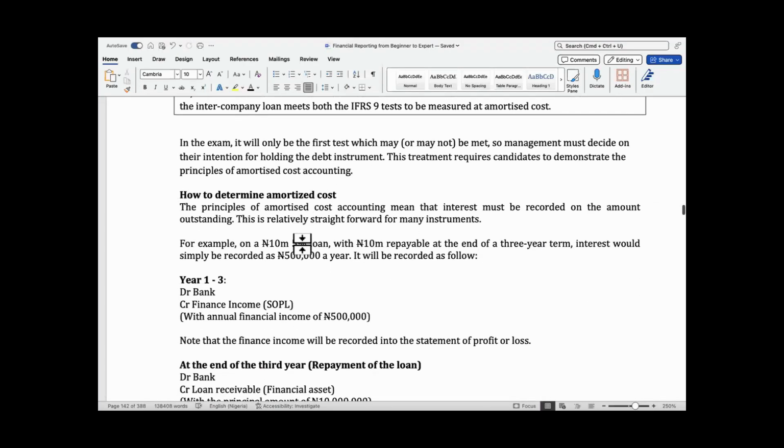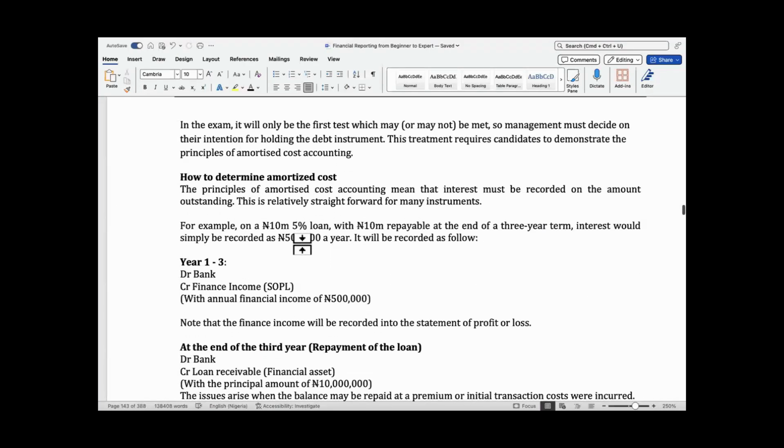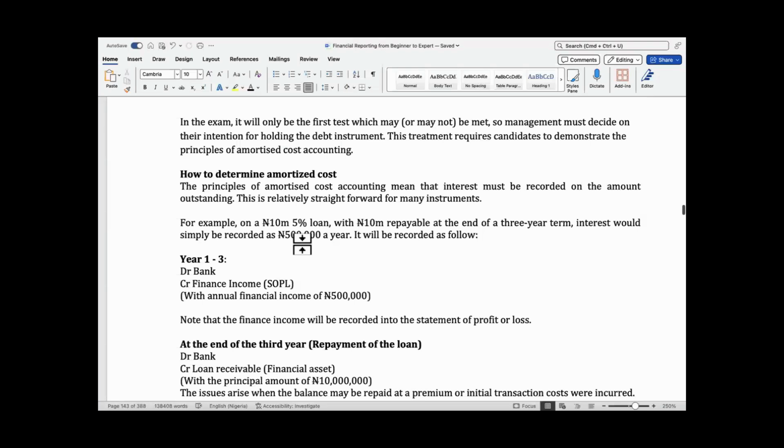Let me use this to explain amortized cost. After explaining amortized cost, I will most likely stop because I have very few students here today.